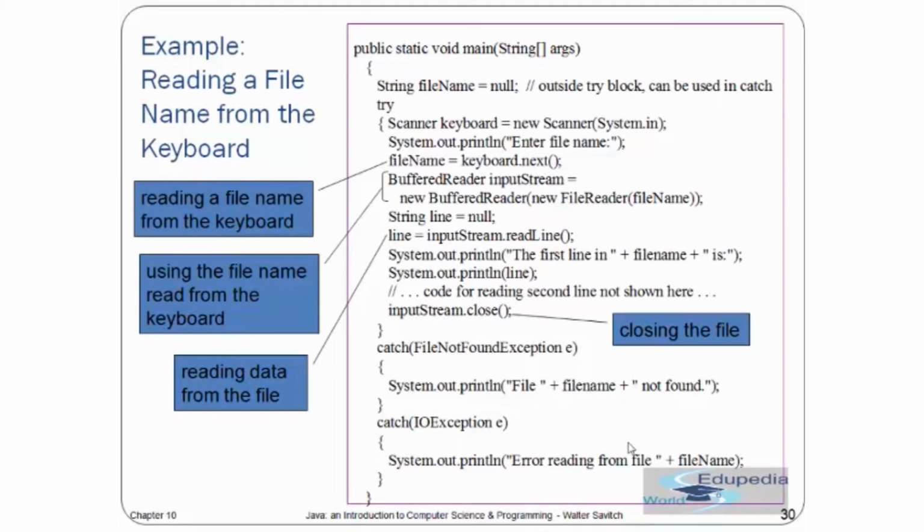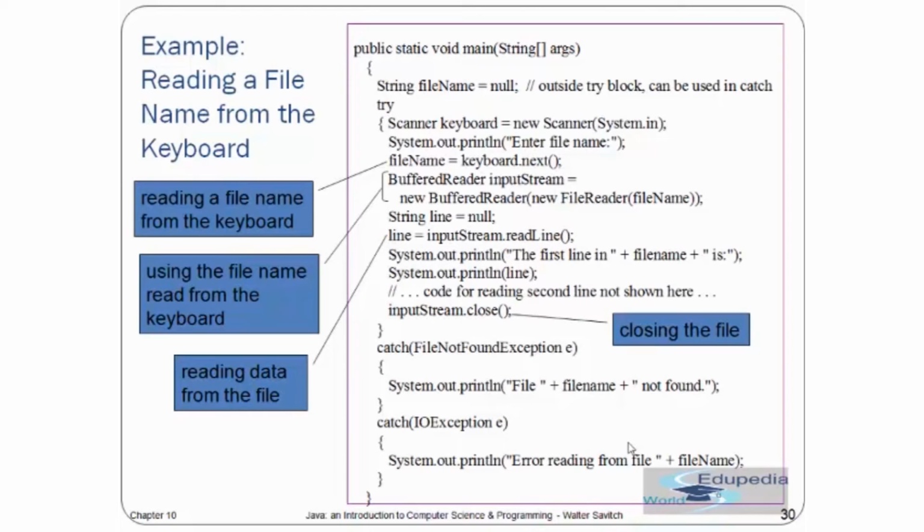Fine, then we have to store it somewhere. To store it, we declare a variable, String line equals null. After that, we are reading the file. To read the data from a file, we can use inputStream.readLine. So readLine is a method which is used to read data from the file. Input stream obviously is a BufferedReader object, and readLine is a method to read the complete line.